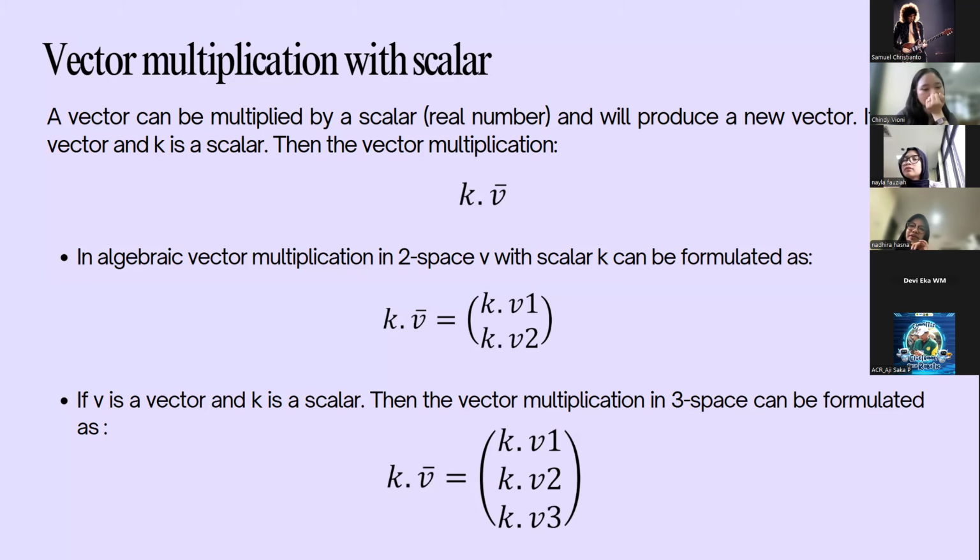An algebraic vector multiplication in two spaces can be formulated as k multiplied by vector v equals k multiplied by v1 and k multiplied by v2. Or the vector multiplication in three spaces can be formulated as k multiplied by vector v equals k multiplied by v1 and k multiplied by v2 and k multiplied by v3.